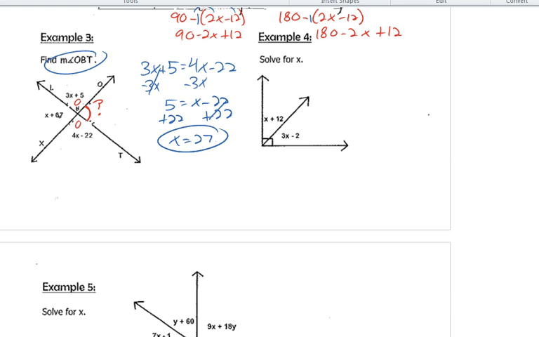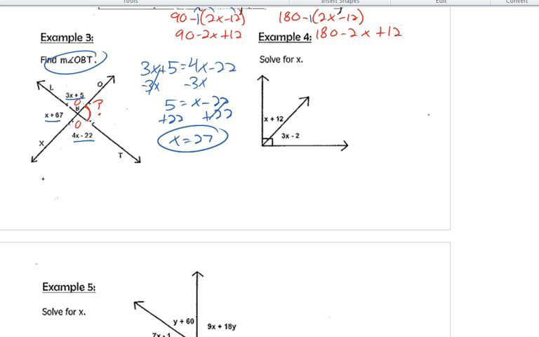You could plug 27 in here, and then use vertical angles. You could plug it in here, and then use linear pair. Here, use linear pair. Again, there's tons of ways you can do these problems. That's what's nice about geometry. There's different ways you can think about it, different ways you can try it. I'm going to use vertical angles again because I like it.